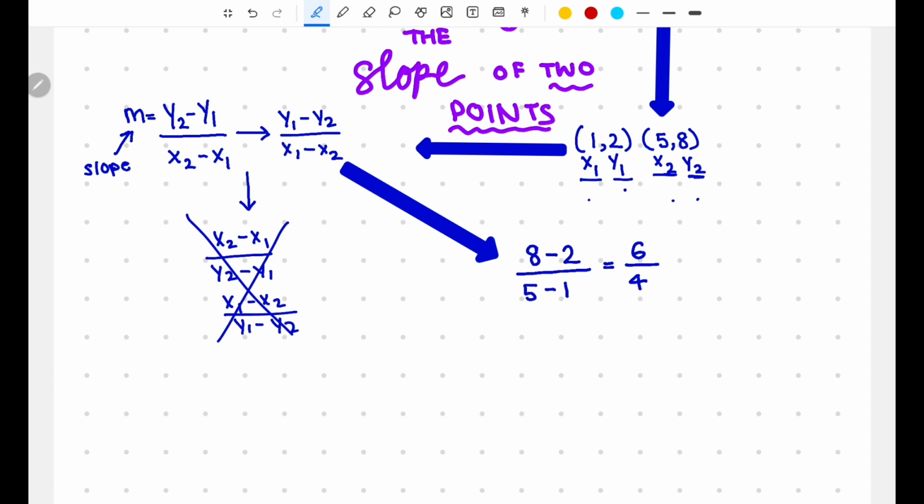But also remember that you always want your slope to be in simplified form. And this can be further simplified because 6 and 4 both go into 2. So to simplify, we would divide the numerator and the denominator by 2, and we would get 3 over 2. So the slope between 1, 2 and 5, 8 is 3 over 2.